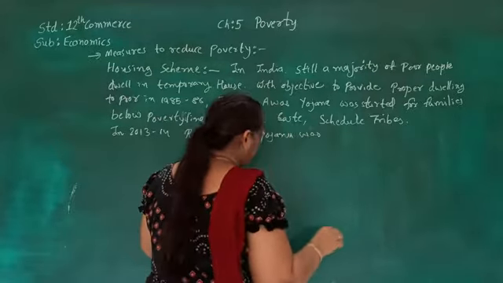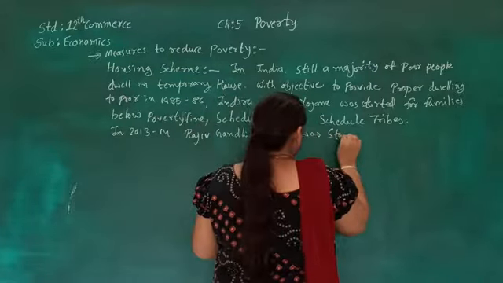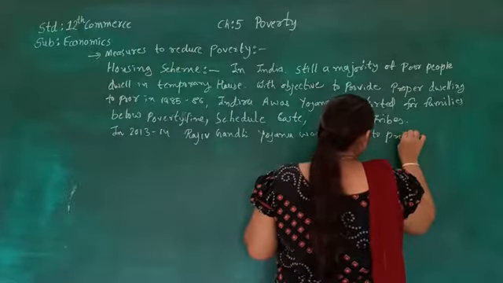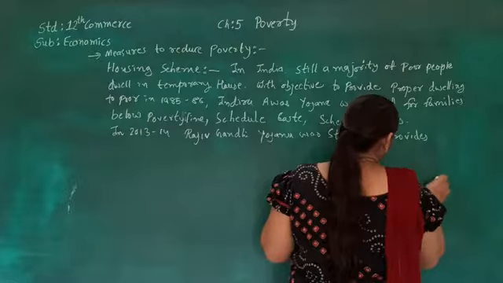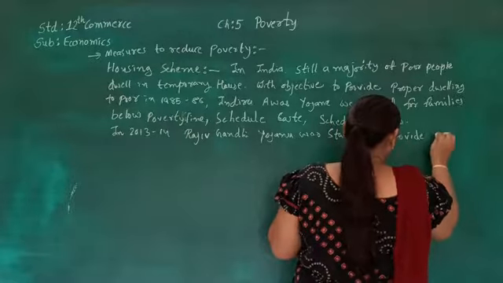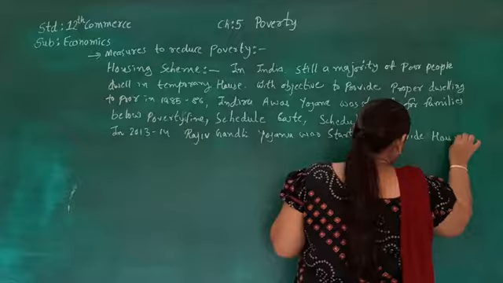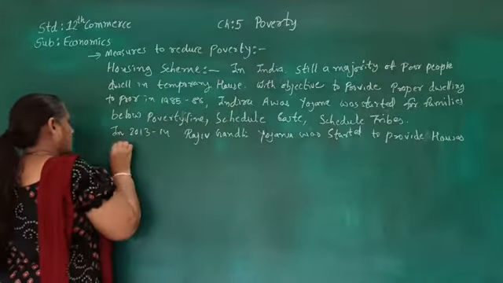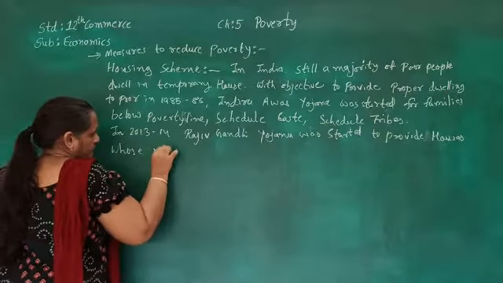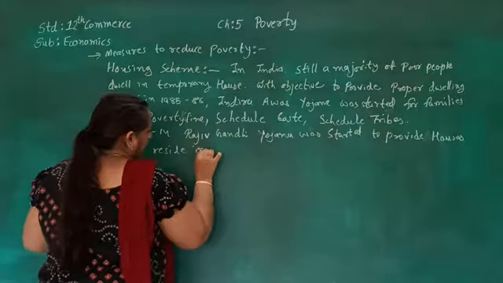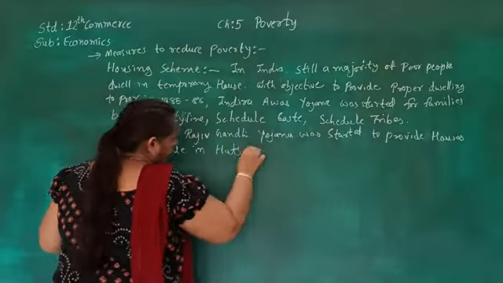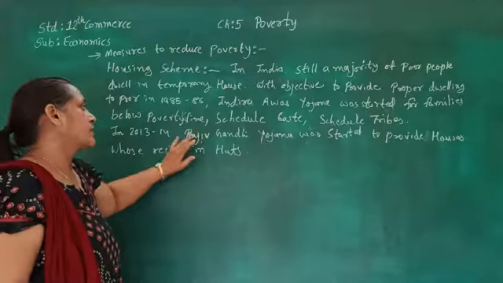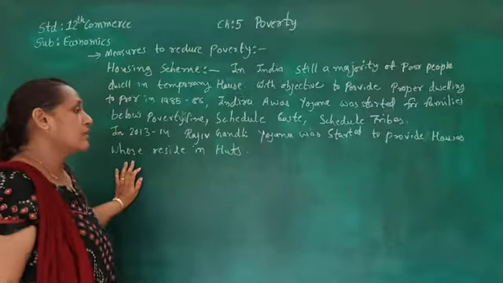was implemented to provide houses to those who reside in huts. So people who were living in huts, for them another Yojana was started, that is called Rajiv Gandhi Yojana.